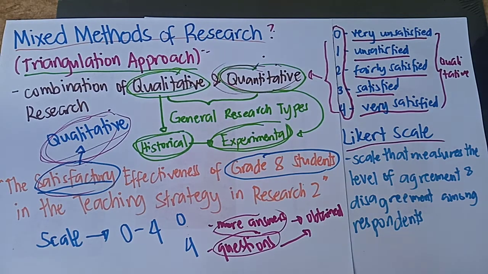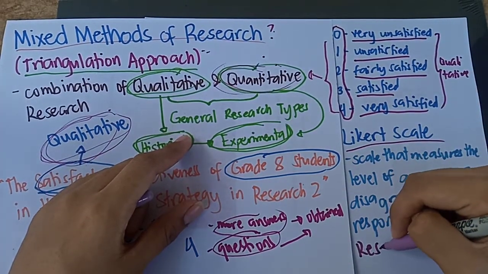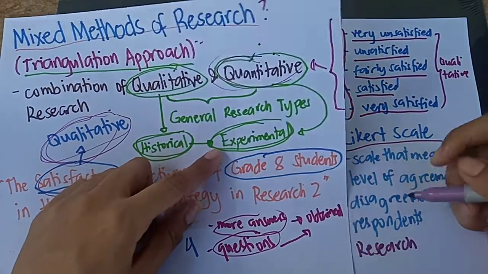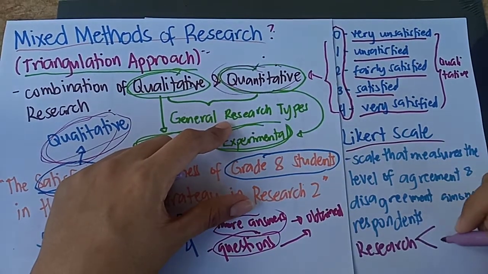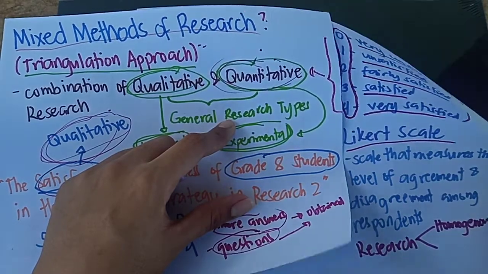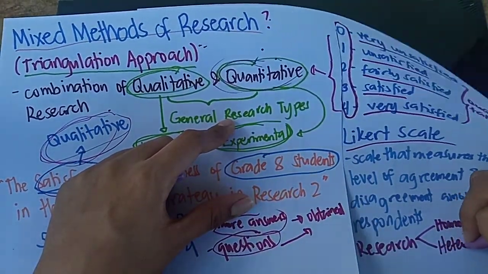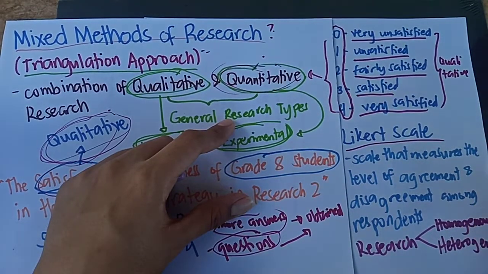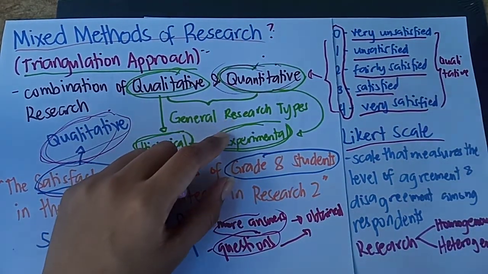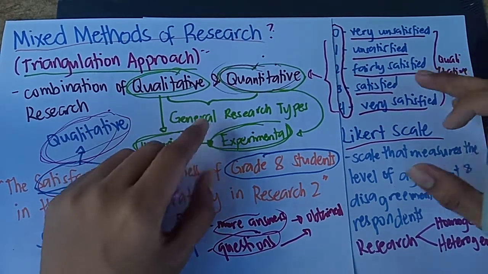However, research can be further classified into two, which is homogeneous and heterogeneous. Okay? So what is the main difference between homogeneous and heterogeneous in essence of research?